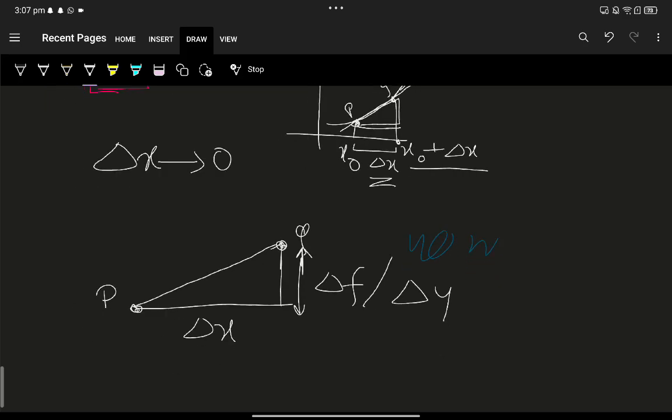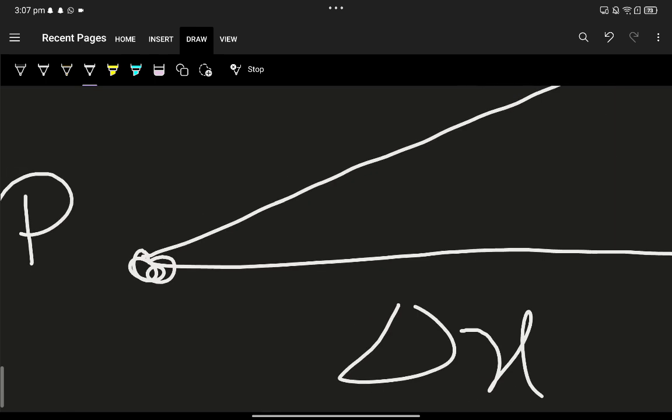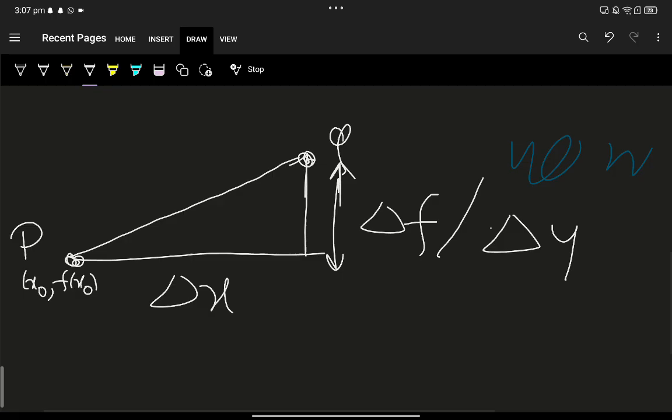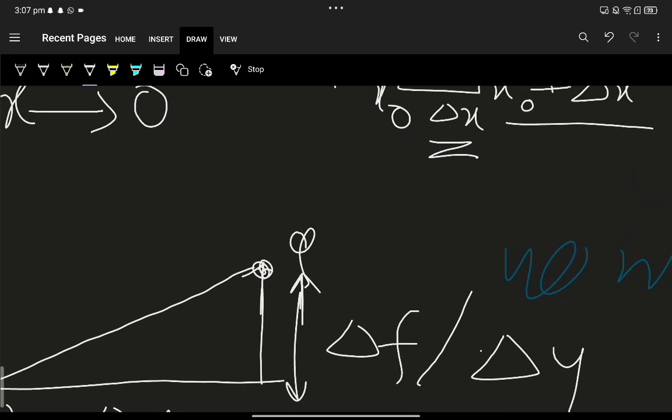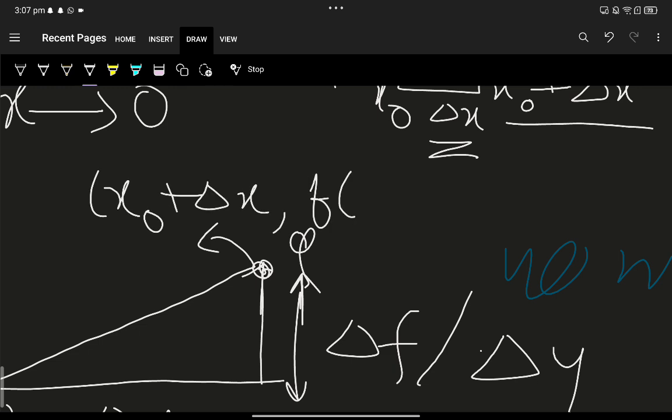And if the coordinates of this point are x naught comma f of x naught, then this point right over here will be x naught plus delta x comma f of x naught plus delta x.